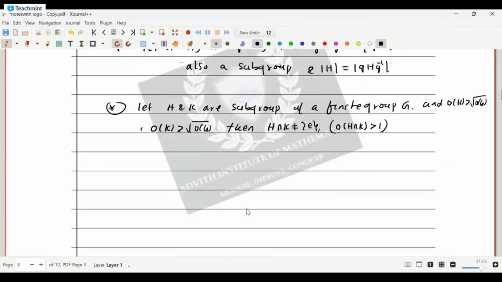When the order of H is greater than the square root of the order of G and the order of K is also greater than the square root of the order of G, then the order of H intersection K is not equal to the singleton {e}.